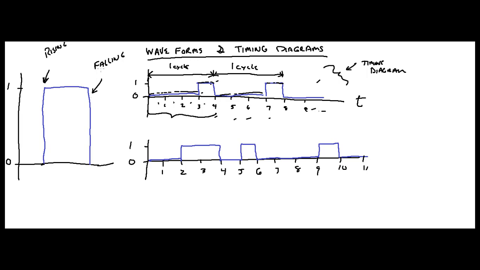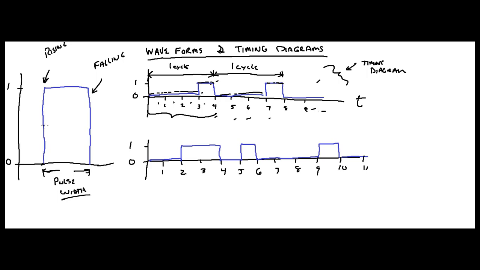Finally, this right here, between here and here. Okay, this is your pulse width. All right. Now, if you have strange looking pulses, sometimes they want you to measure this at a specific amplitude.